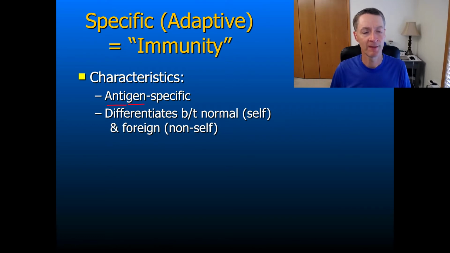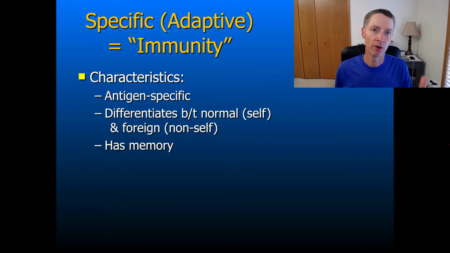So our immune system has to be able to differentiate between antigens that are self or normal molecules versus foreign or non-self molecules. And the coolest thing about the adaptive immune system is that it has a memory. Once you're exposed, the immune system is going to be that much better and more sophisticated going after that very same antigen again later.